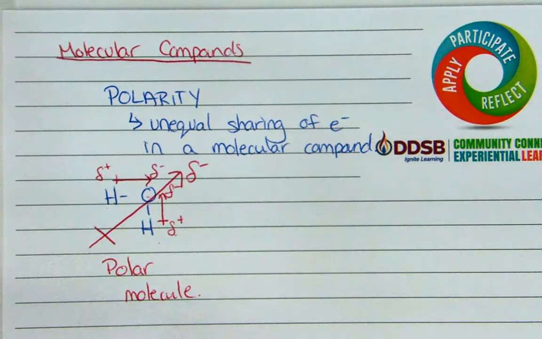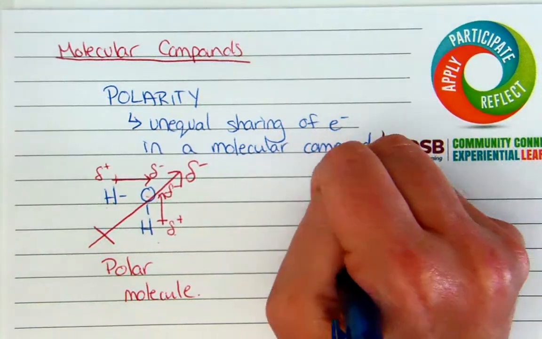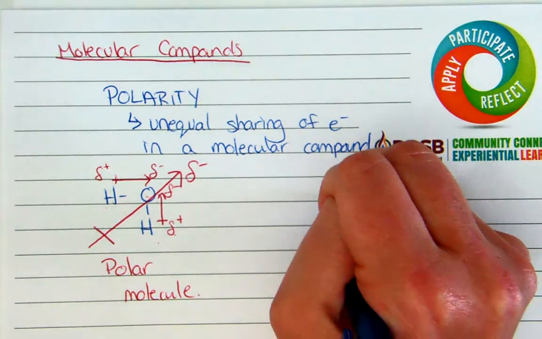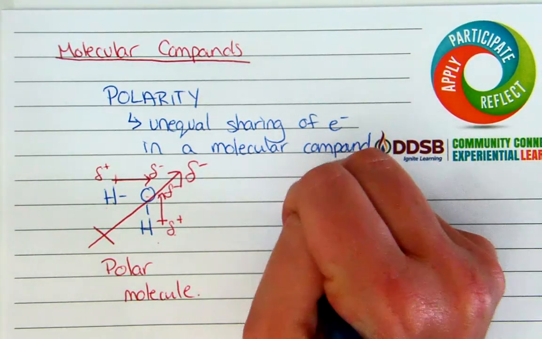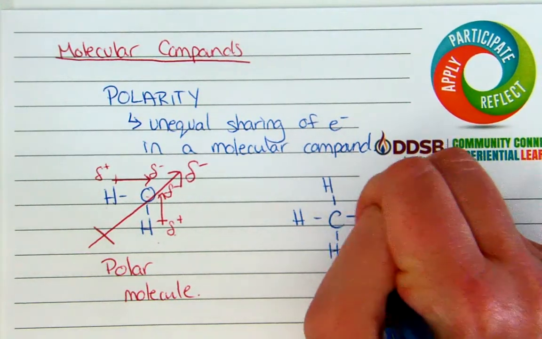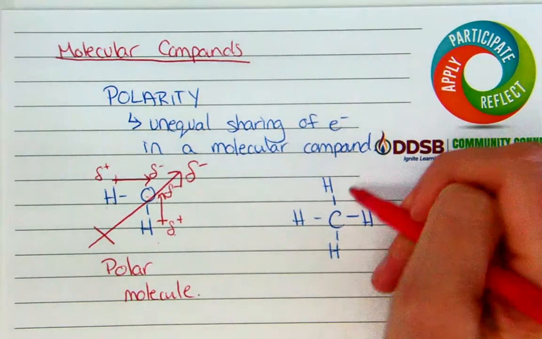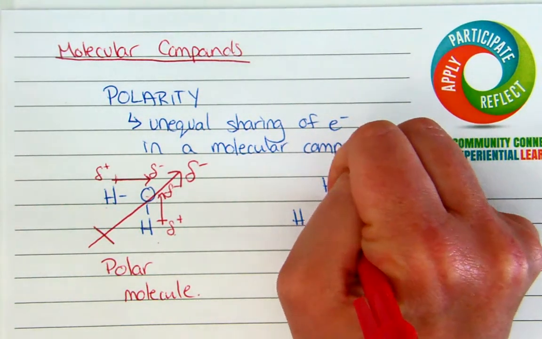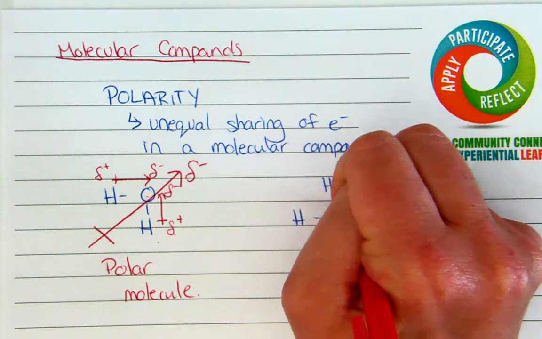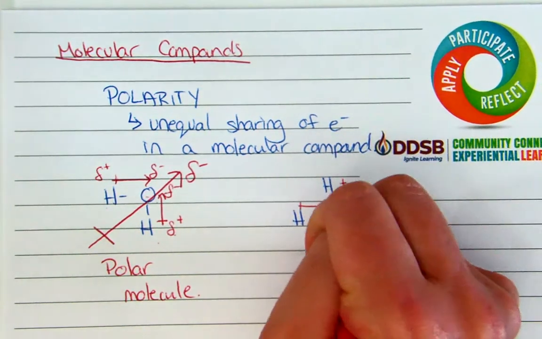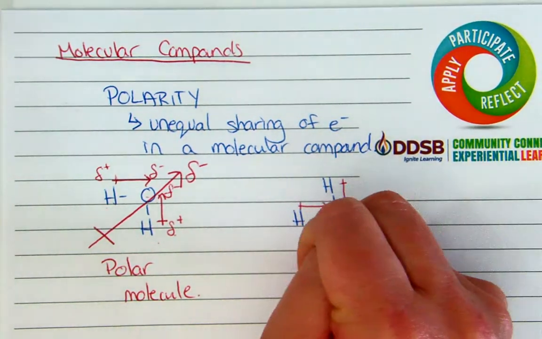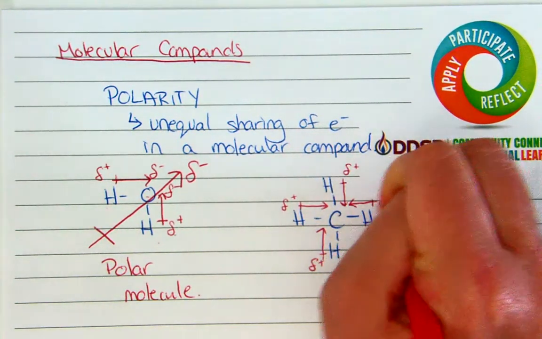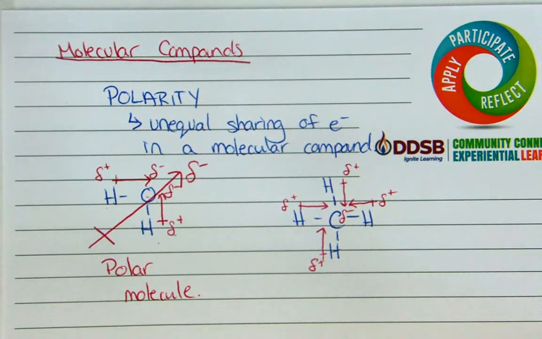Now, not all molecular compounds are polar. I could have a methane molecule, which is CH4. Now here, yes, carbon is slightly more electronegative than hydrogen. So I see that the electrons are being pulled closer to carbon. All my hydrogens are slightly more positive, and my carbon is slightly more negative.